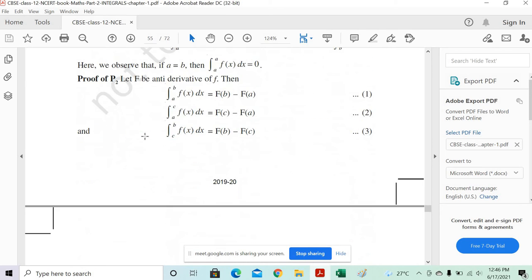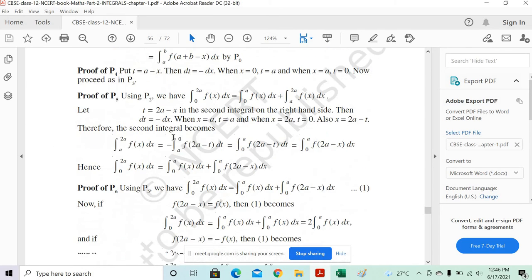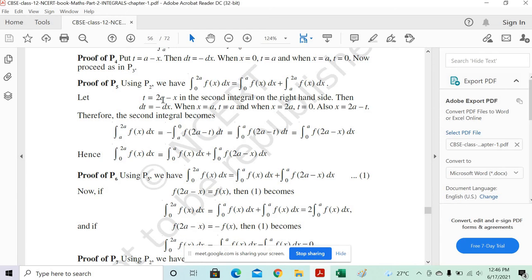Let's understand the proof of the fifth property. We put t as 2a minus x in the second integral. So t is equal to 2a minus x, and dt is equal to minus dx.